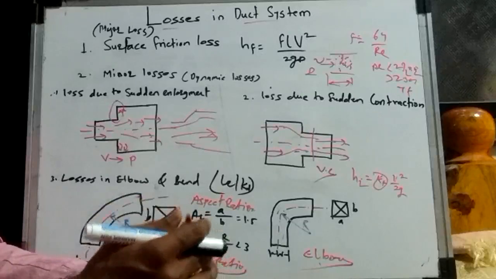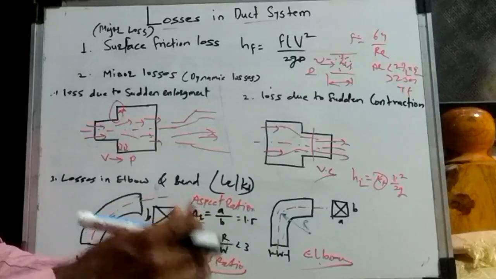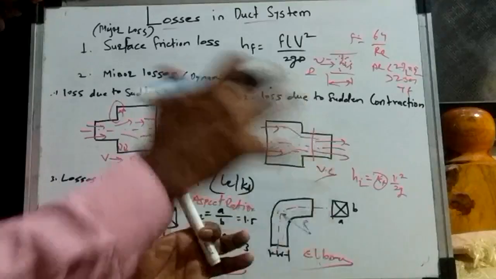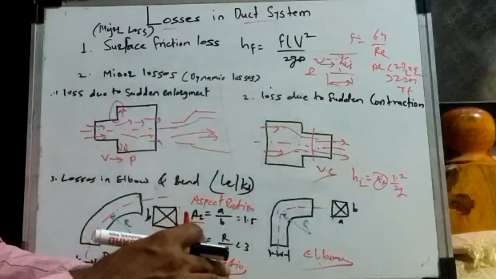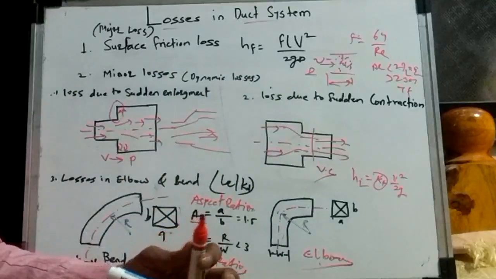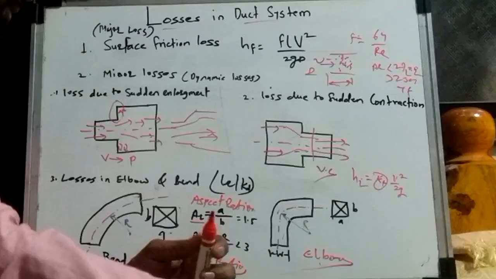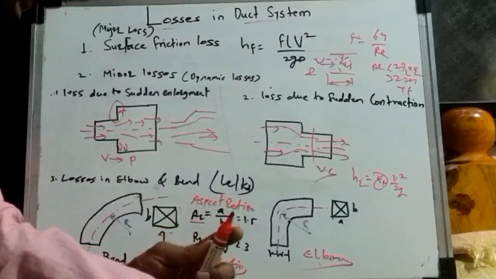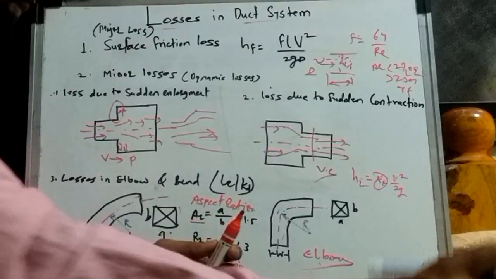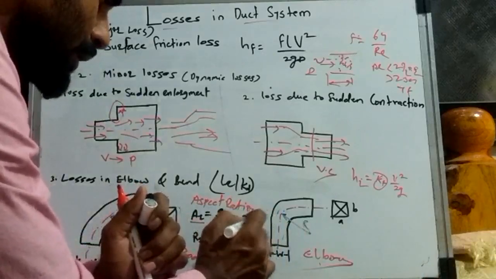It not only increases the material cost, it also contributes to heat gain because of the increase in surface area, so that is not desirable. Therefore we have to select an elbow or bend that has a minimum aspect ratio, right? The aspect ratio should not be greater than 3.